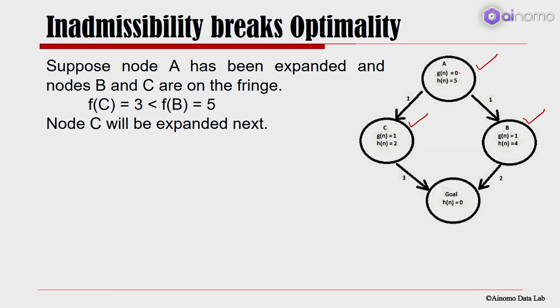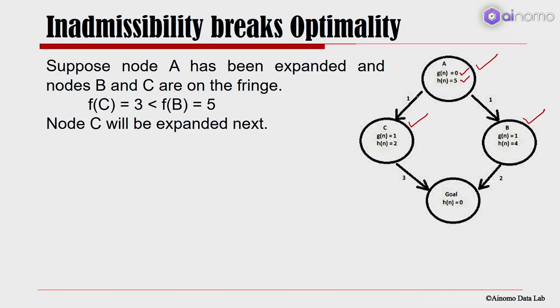One, which is the exact cost of the current node that I arrive at from the start node, and the other is an estimate of how much I need to spend to go to the goal. At A, because it is the start node, the actual cost of coming to this node is 0, whereas the heuristic estimate is given as 5.